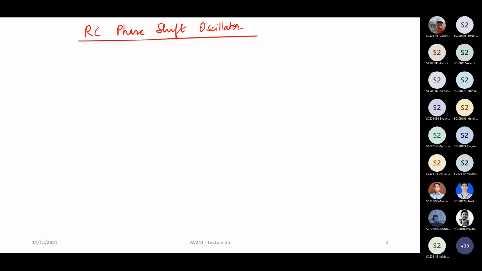So this oscillator, at a conceptual level, has got 3 RC networks. Basically, we all know that an oscillator is a feedback loop where you have to have a total of 0 degrees or 360 degrees of phase shift, right?